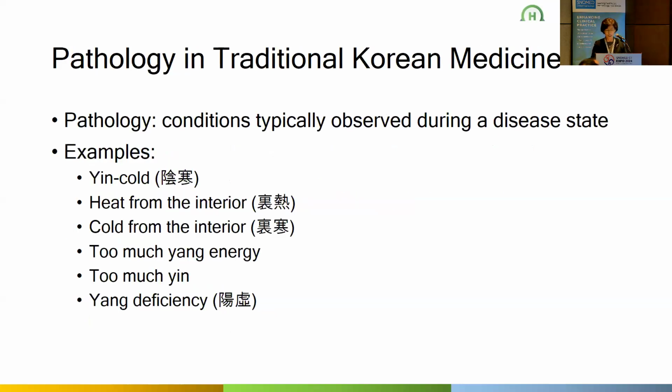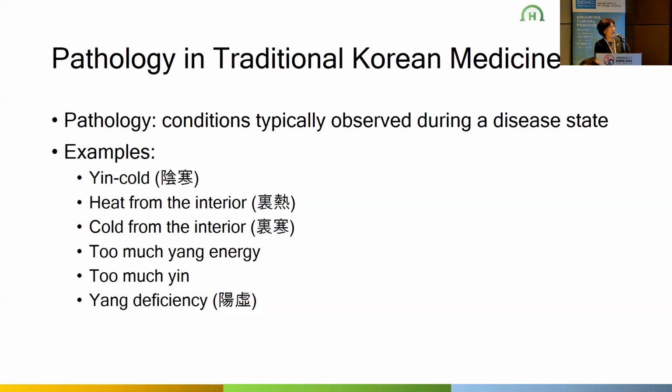Now I would like to move on to the pathology part. Pathology is defined as conditions typically observed during a disease state. It could be yin cold. Within yin and yang, this person has yin characteristics, and within cold and heat, this person has cold characteristics.